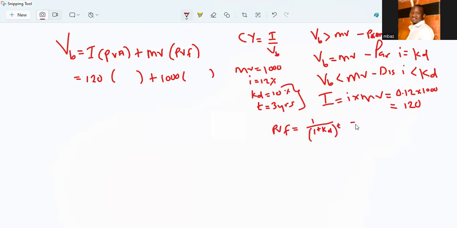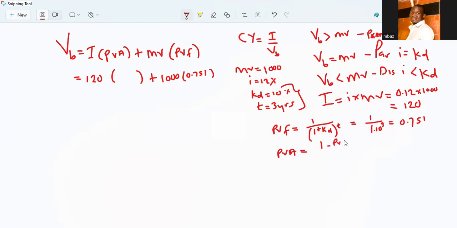Since our KD is 10%, we have 1 over 1.10 to the power 3. What do we get? 0.751. So this is what we put here.